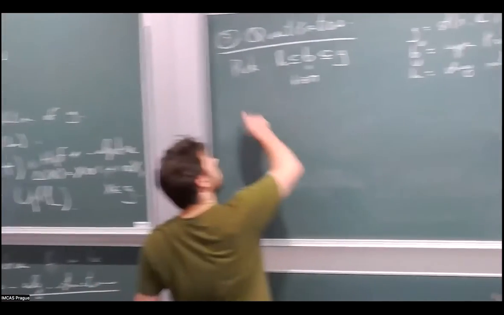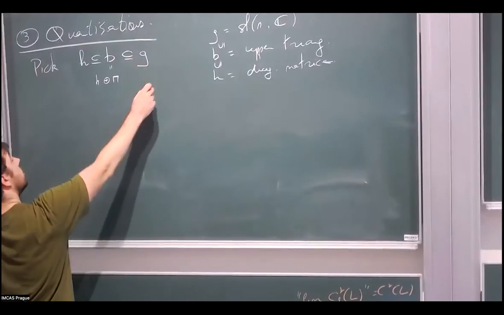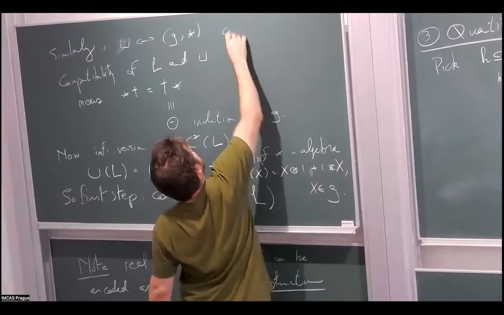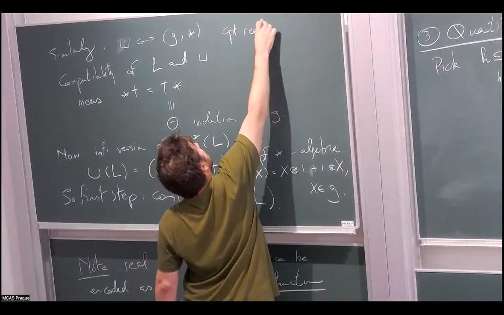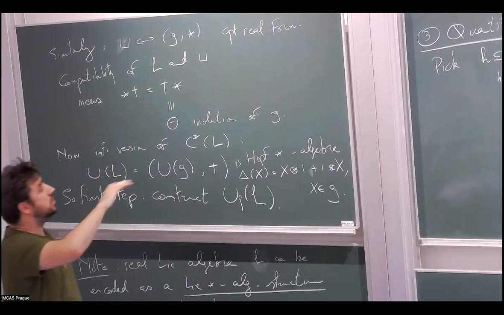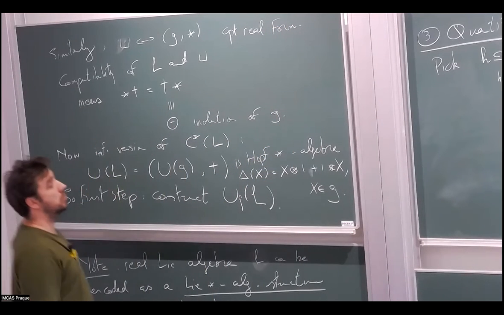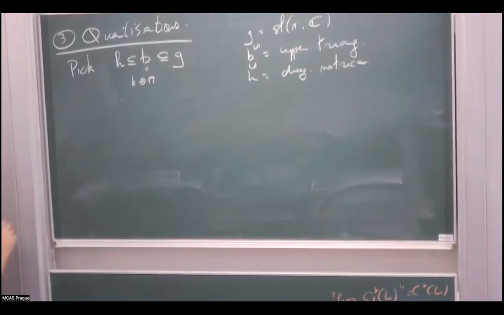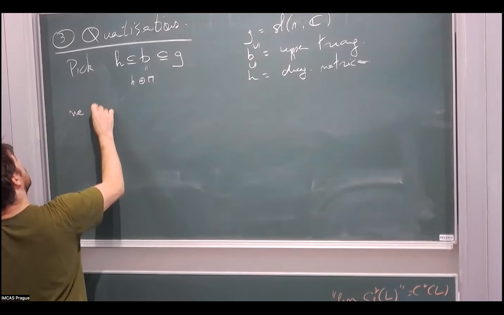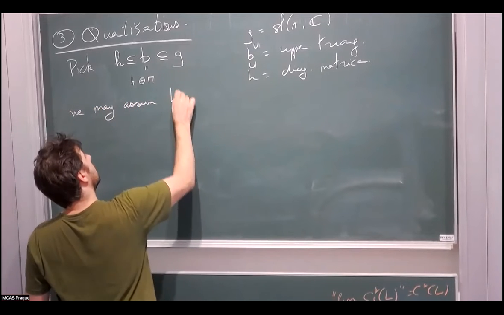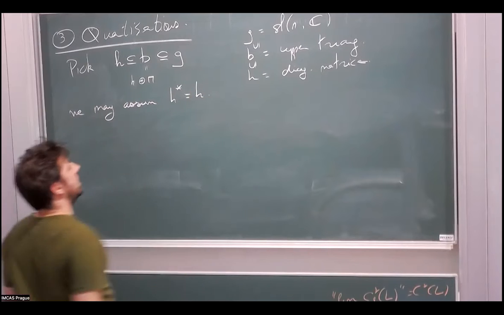So we may assume that G has some compact real form. All compact real forms that you choose are basically equivalent, so it doesn't matter which one you pick. And then you can choose this datum such that it's compatible with this compact real form. So we may assume that H is stable under this star.